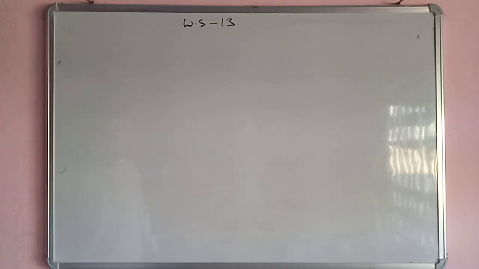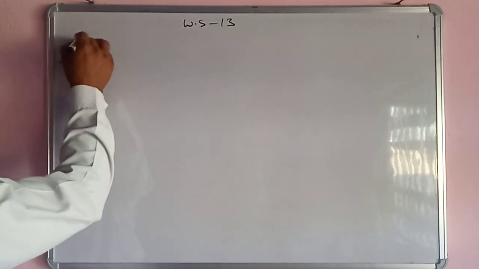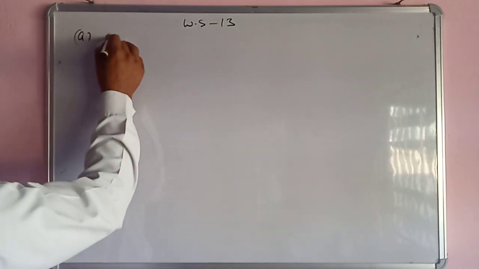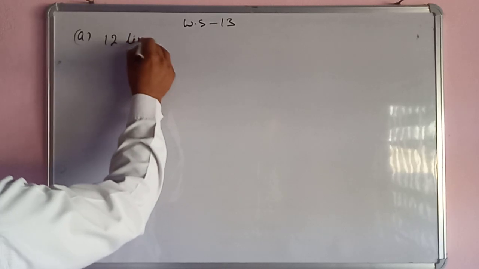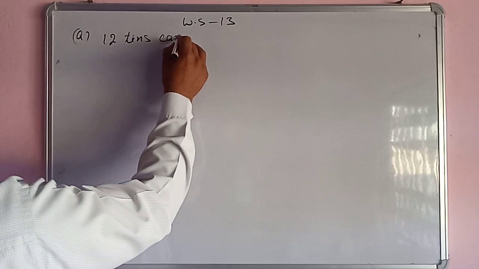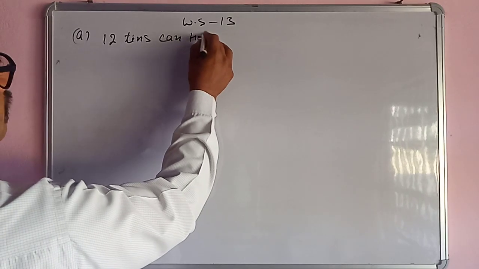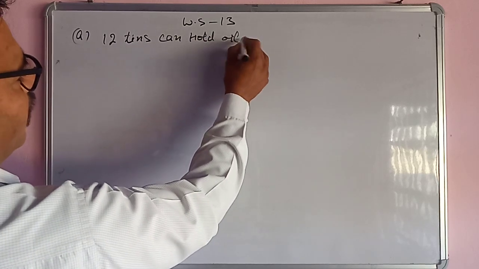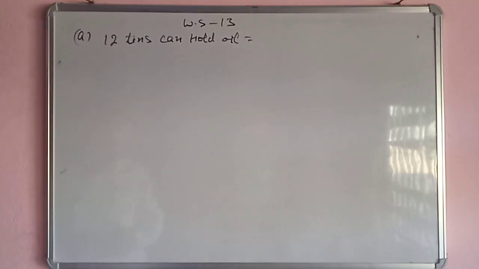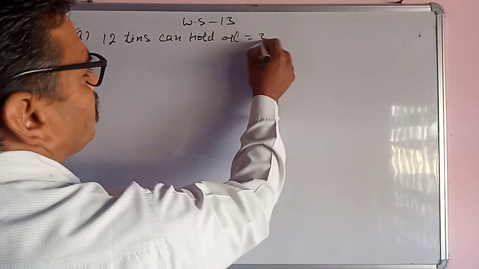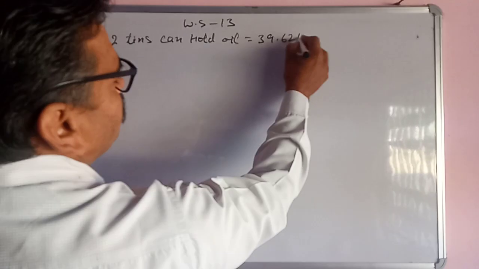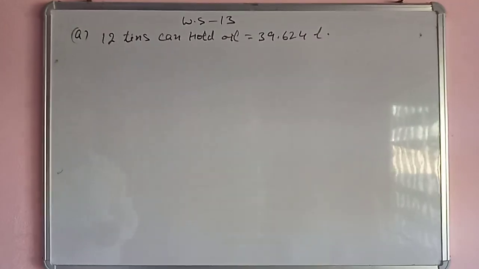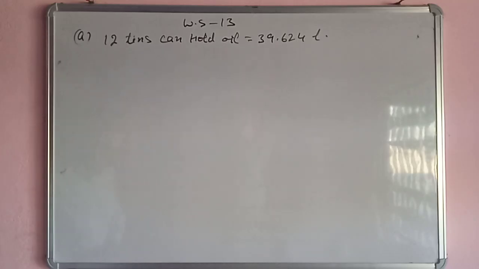So we write: 12 tins can hold oil, that is 39.624 liters. We are going to find how much oil one tin can hold.